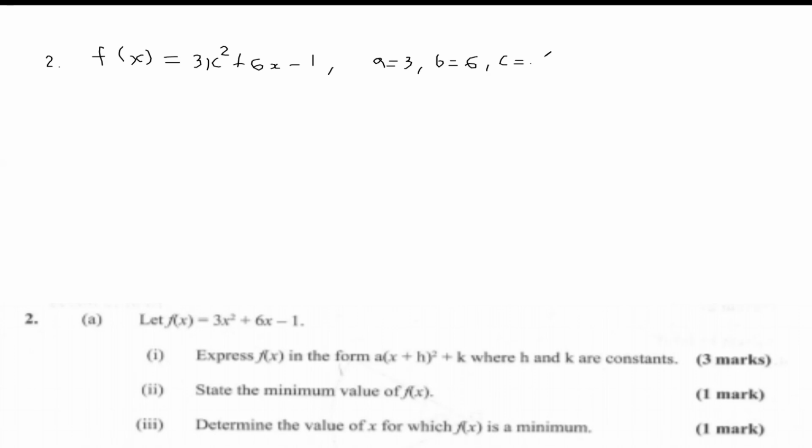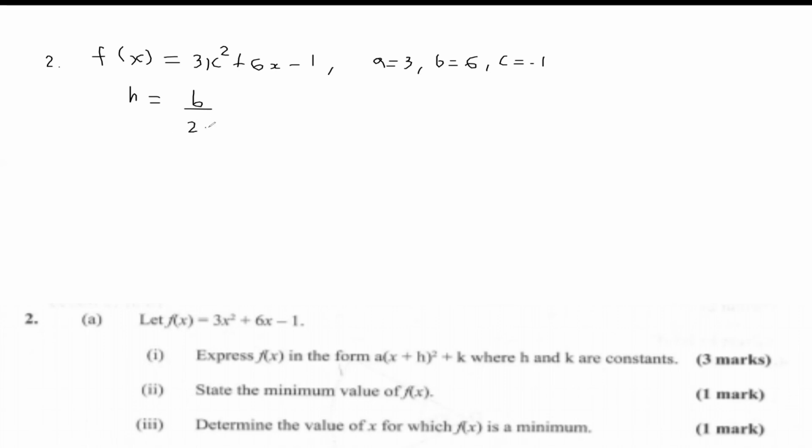Nice and easy. Now it says express f of x in the form a times x plus h squared plus k. So first we need to find h, and h is equal to b divided by 2 times a.